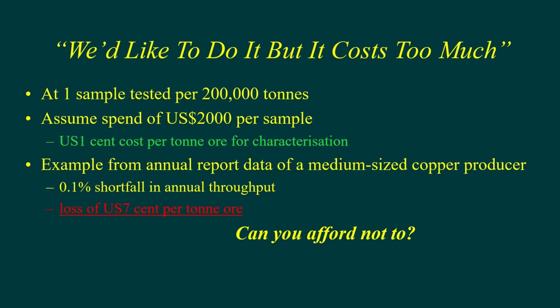Having had a look at an annual report recently of a medium, fairly big copper producer, and looked at their financials and their throughputs and their profits, then just a 1.1% shortfall in annual throughput, let's say that could have been avoided by a good geometallurgical model, would have lost them, my estimates say, 7 cents per ton of ore.